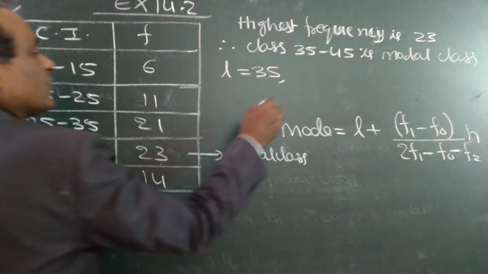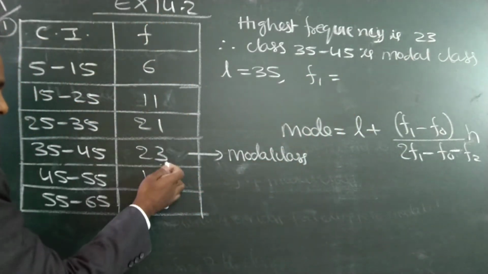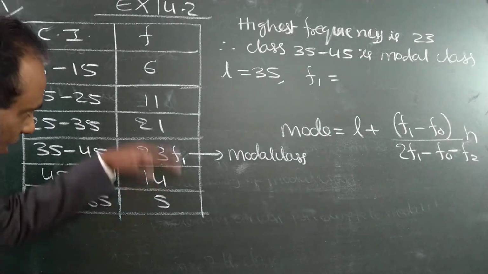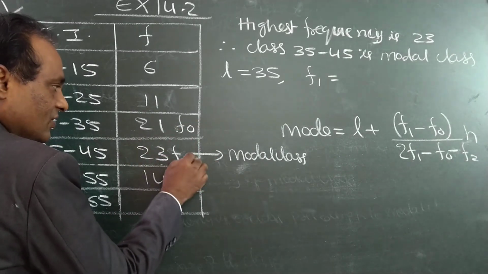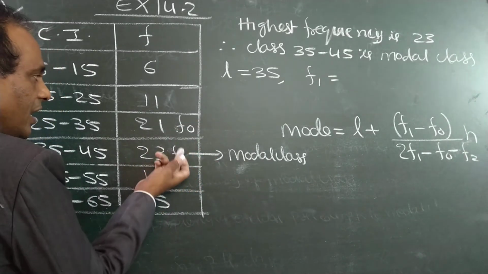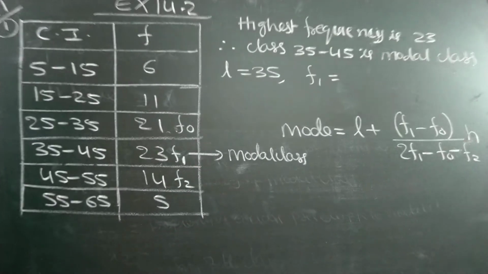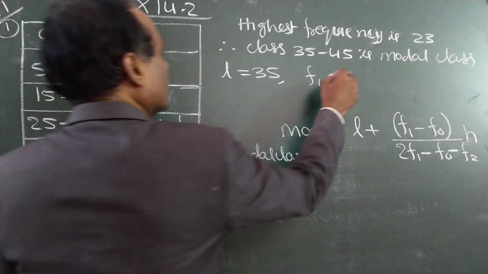F1 is the highest frequency, that is the modal class frequency. Above this is F0, below is F2. F1 is the frequency of the modal class, 23.